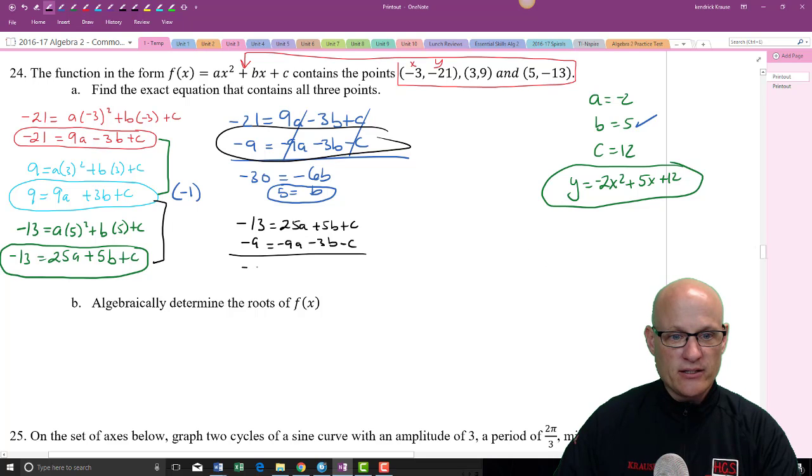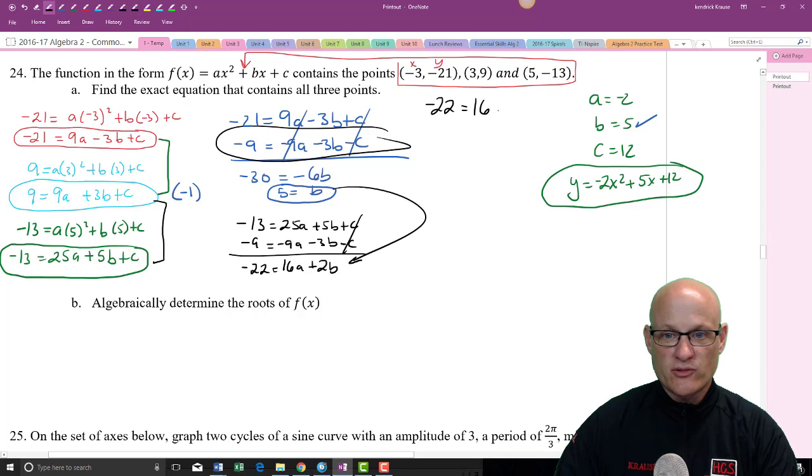So I get negative 22 equals 16A plus 2B, and the C's go. But I already know what B is, so I can just plug that in. Negative 22 is equal to 16A plus 2 times 5. That's 10, so I'm going to subtract 10. So I get negative 32 is equal to 16A, or A is equal to negative 2.